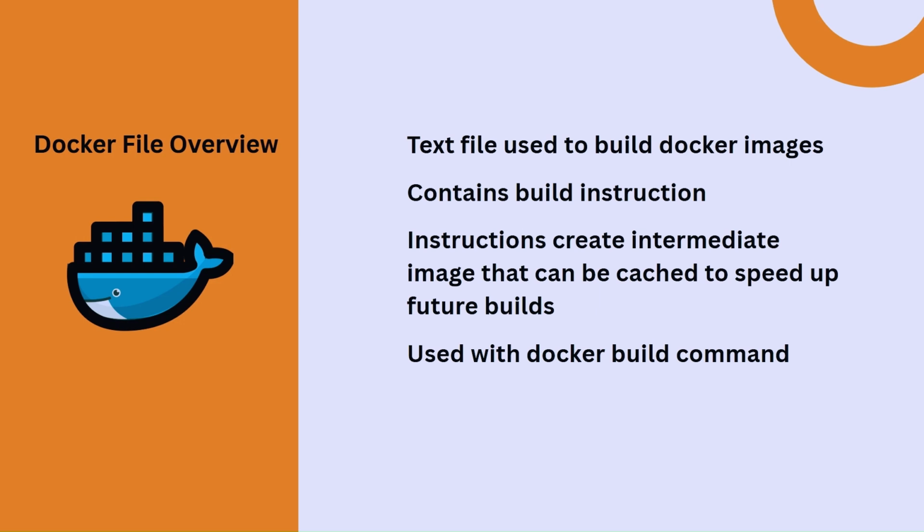As Docker processes these instructions, it creates intermediate image layers. These layers are cached, which means if nothing has changed, Docker can reuse them in future builds. This caching mechanism is what makes Docker builds incredibly fast and efficient, especially when you are iterating on code. So in short, the Dockerfile defines the recipe and Docker turns it into repeatable, optimized image layers.